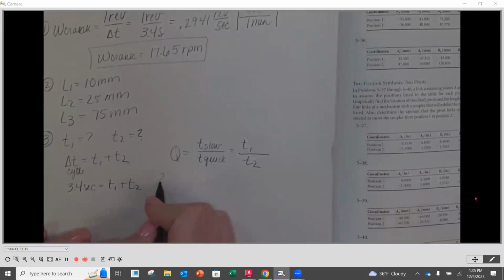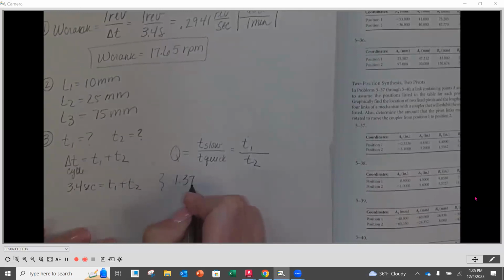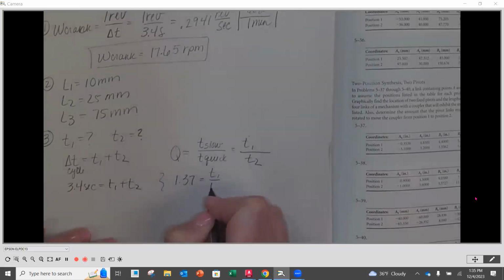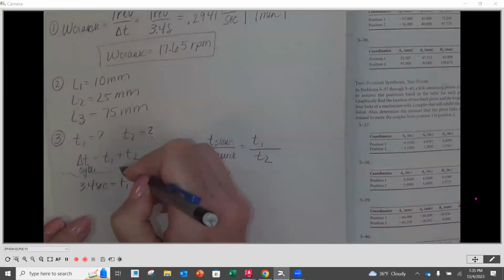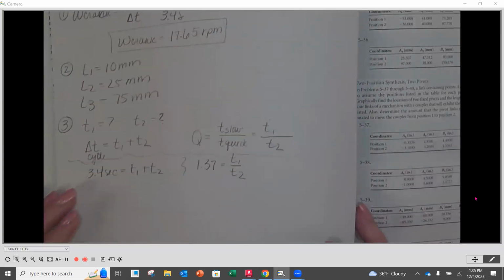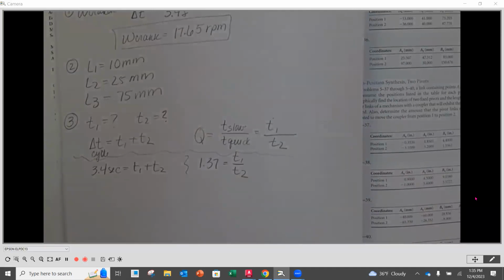And over here, we can say 1.37 is equal to T1 divided by T2. Now, it didn't really help us much, but we have 2 equations with the same 2 unknowns. I'm hoping that sounds familiar. Right? So we have the ability with the algebra to solve these.